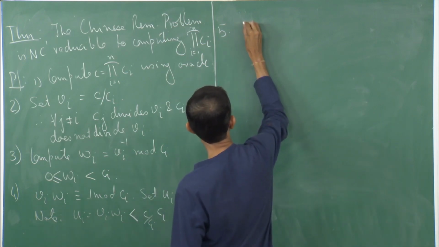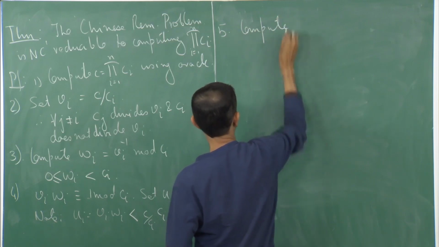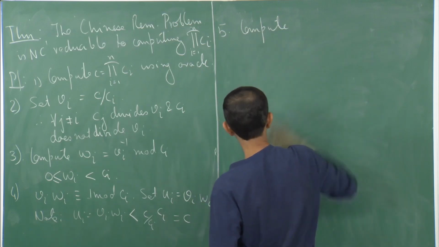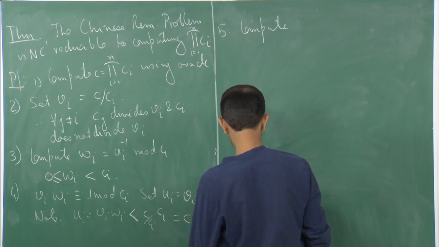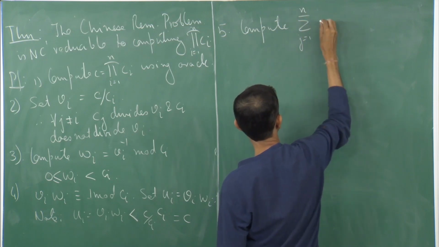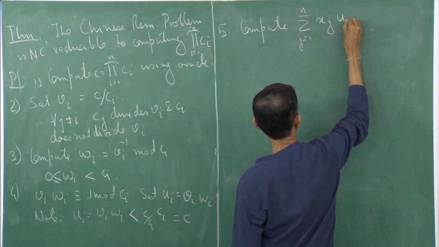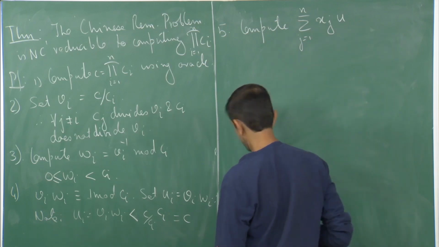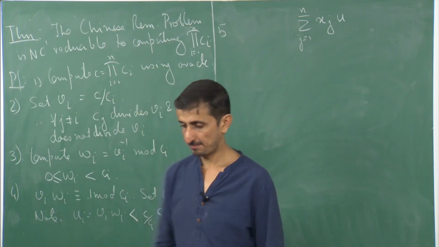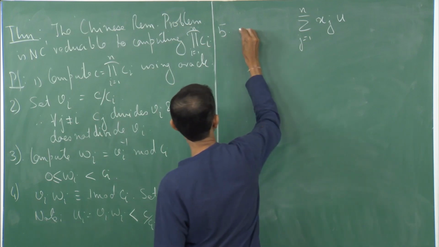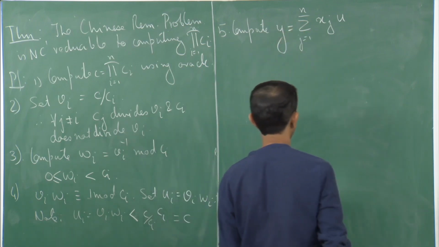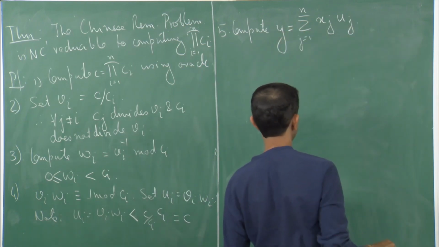So next, we compute sigma j xj uj, let's give this a name, Y equal to sum of xj uj.